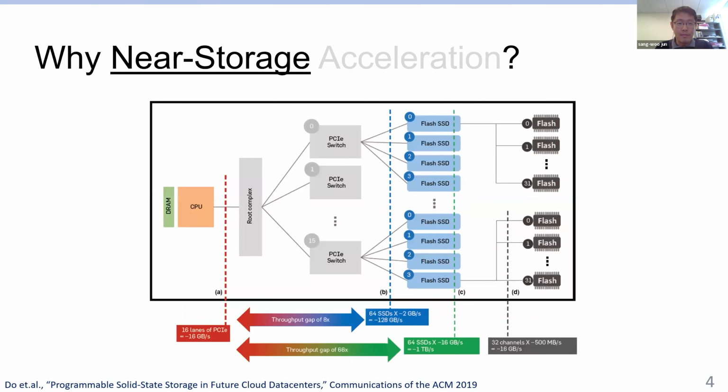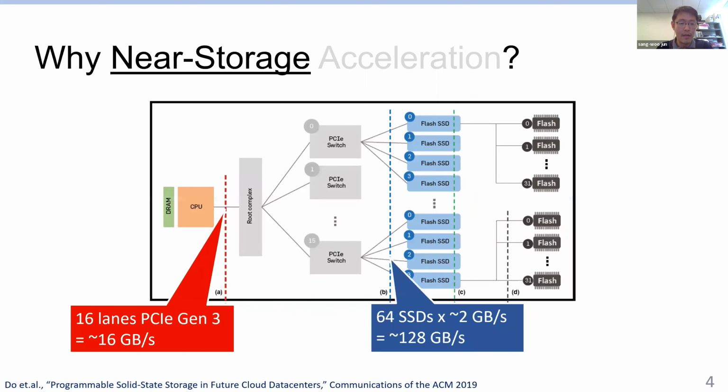And this isn't just a problem within a single storage device. This diagram is from a little while ago, from 2019. But if you look at large-scale data storage and potentially analytics systems with multiple flash storage devices in them, if you look at the bandwidth gap between the PCIe root complex that is allocated on the CPU itself, for example, in a single node server class system a few years ago, maybe 16 lanes of PCIe Gen 3 capable of consuming up to 16 gigabytes per second.